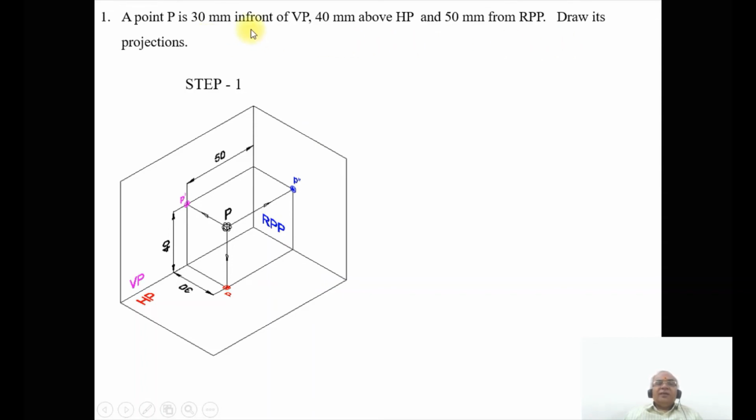So if the distance is given with respect to VP, you take it in the horizontal plane, and if the distance with respect to HP is given, you take it in the vertical plane. And the distance with respect to the profile plane, you take from both the vertical plane and the horizontal plane. So this is about the three-dimensional analysis of the problem.